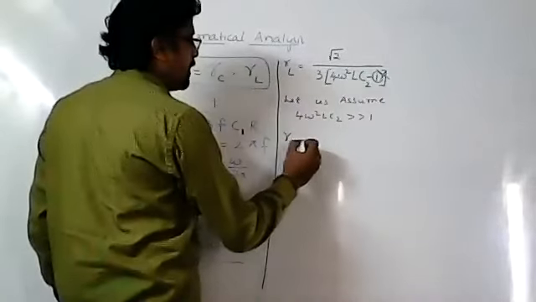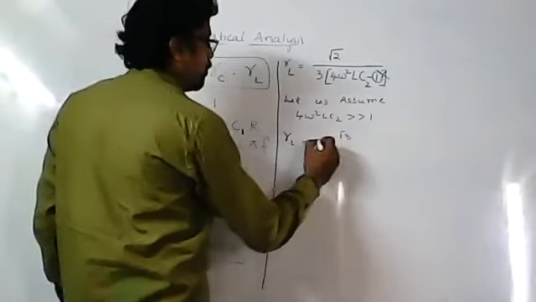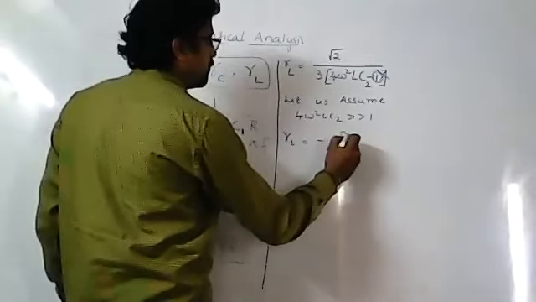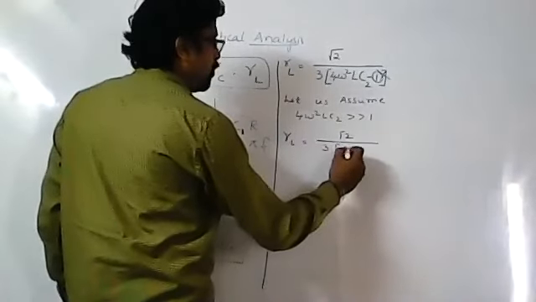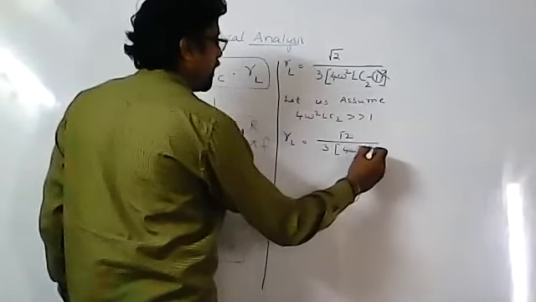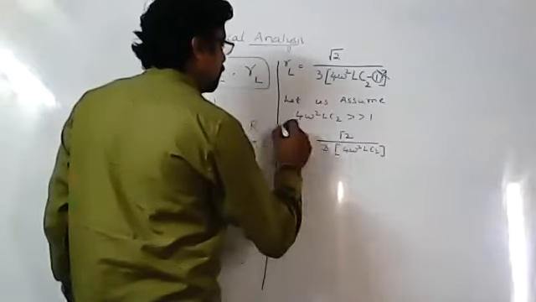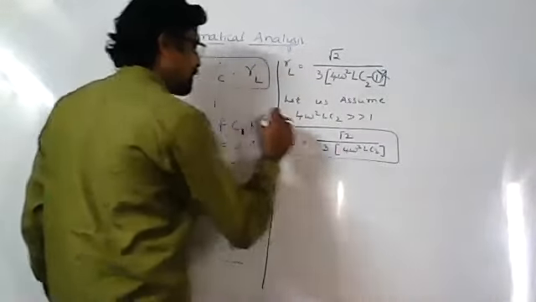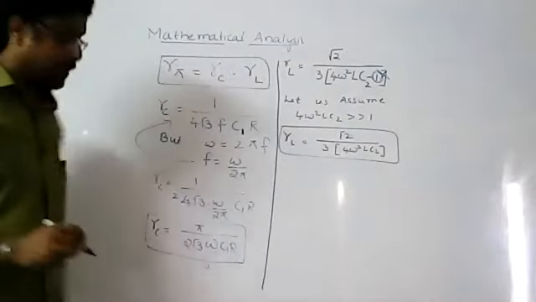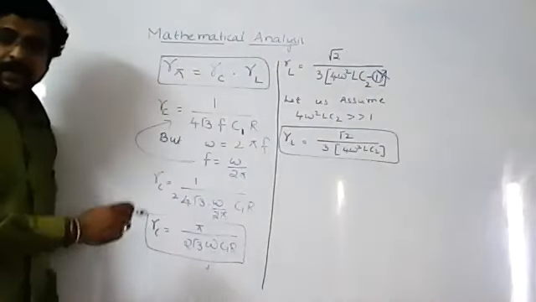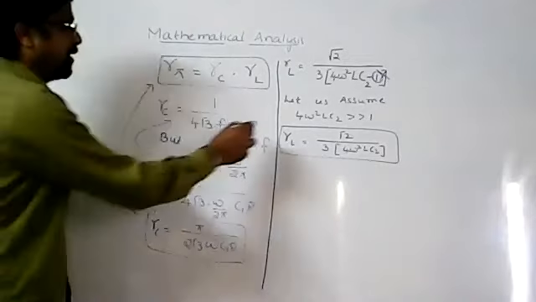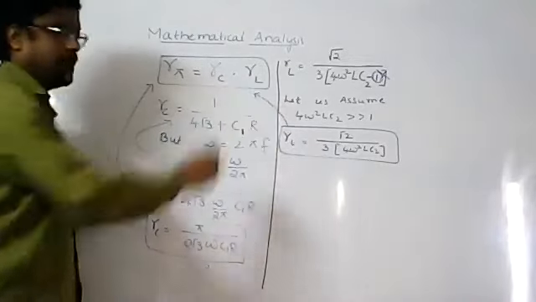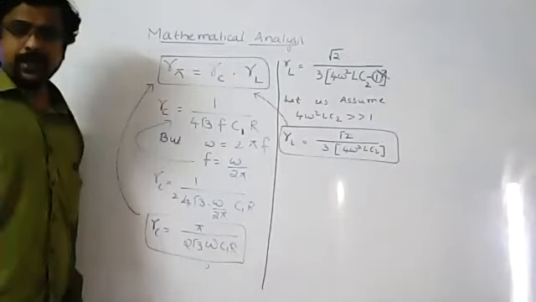I will write it as root 2 by 3 into 4 omega square LC2. So this I got as RL. Now I have RC, I have RL. Take RC and substitute in this equation, similarly take RL and substitute in that equation.